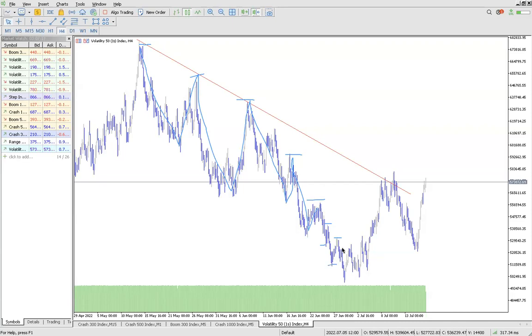But remember what I taught you, if we don't break previous lows in case of a downtrend like this, but we eventually break a high, like in this scenario, then that means our trend has changed.